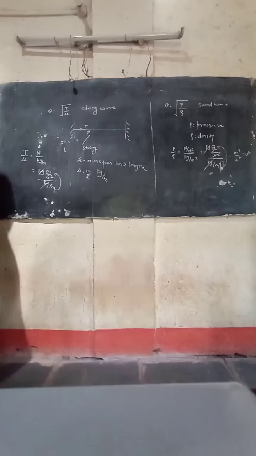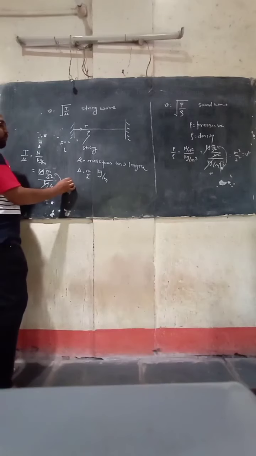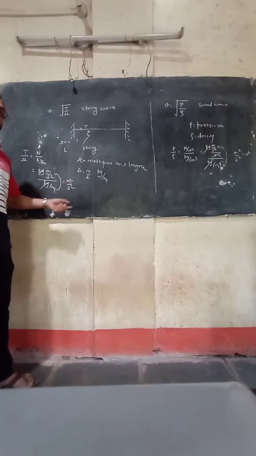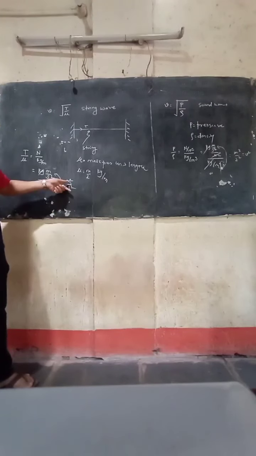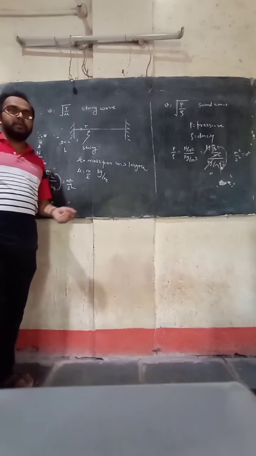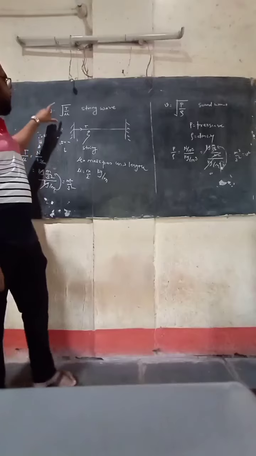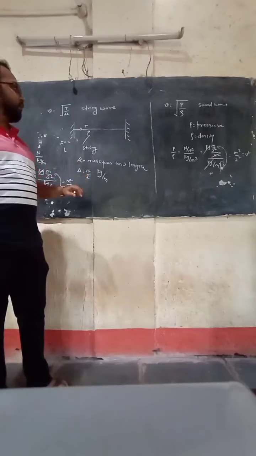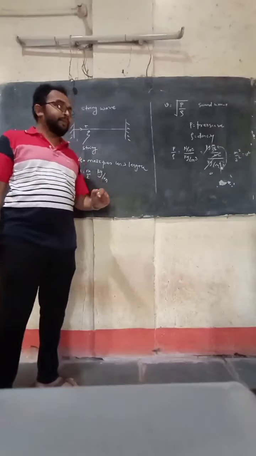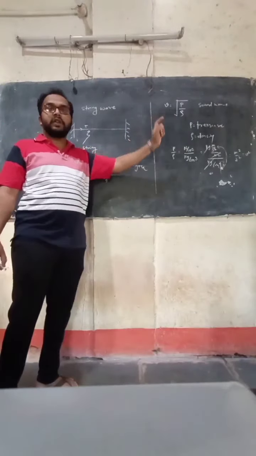This meter will go to numerator. It will be meter square per second square. Now meter square per second square is the unit of velocity square. So if I substitute this meter square per second square inside the root, out of the root it will be meter per second. So this is the velocity for string wave when string is tied between the two ends, and this is the velocity for sound wave.